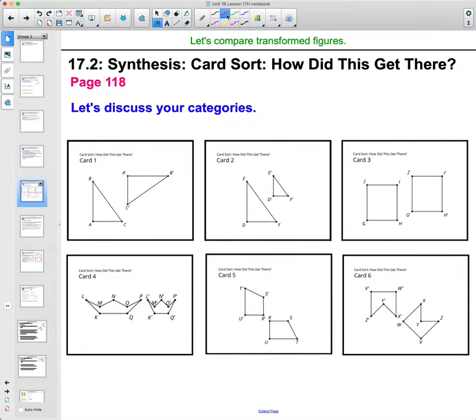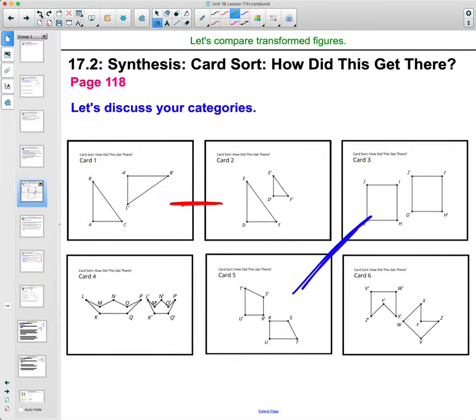So maybe you put together cards 1 and 2, and then maybe 3 and 4, and maybe 3 and 5, and maybe 4 and 6. Because maybe you said these ones were triangles, these ones were quadrilaterals, and these ones had points. Maybe that was your reasoning.